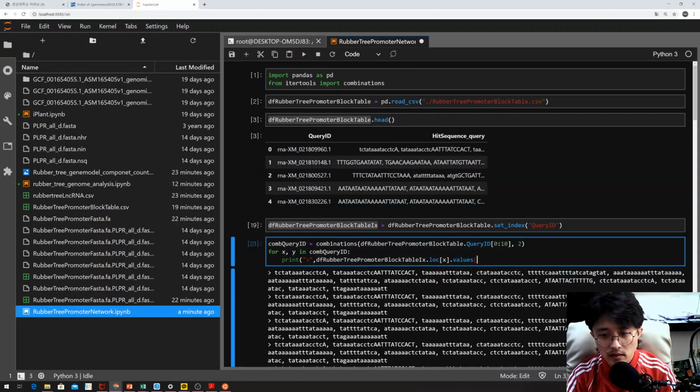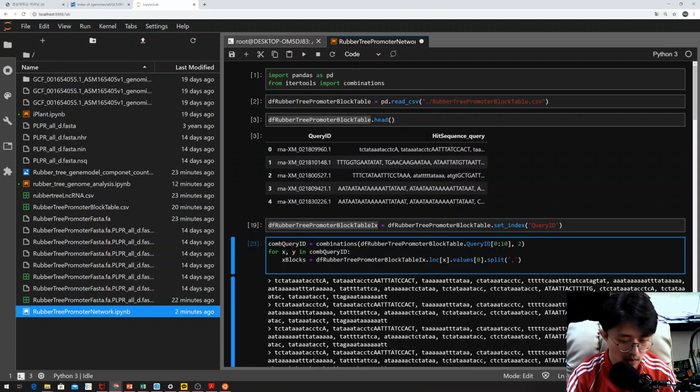Okay. So live code is very hard. I know it. Split. Right. Then q, x, and x blocks, I would say x blocks and y blocks.